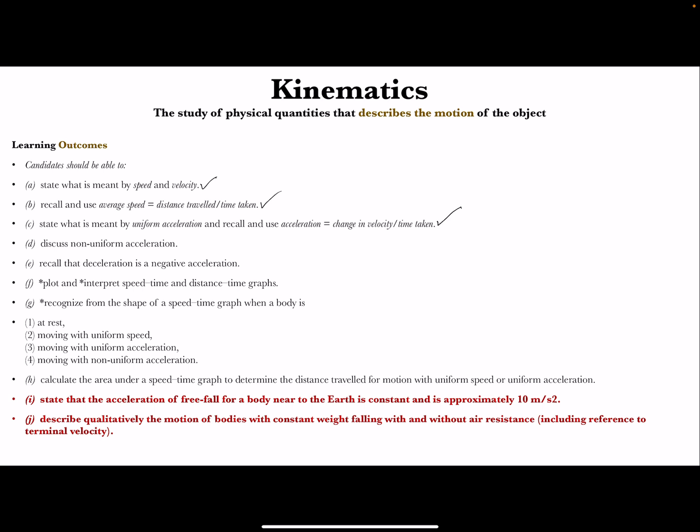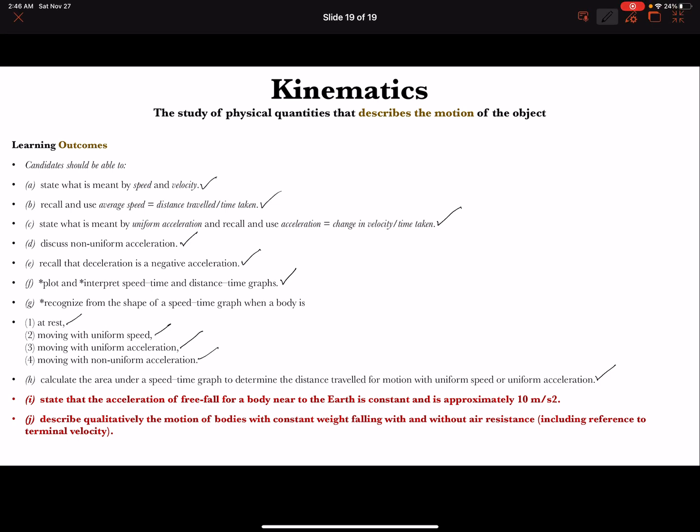Check. What is non-uniform acceleration? Check. Recall that deceleration is a negative acceleration. Check. Plot and interpret speed-time and distance-time graphs. Done. Recognize from the shape of a speed-time graph when the body is at rest, moving at uniform speed, moving with uniform acceleration, and moving with non-uniform acceleration. And calculate the area under a speed-time graph to determine the distance traveled for motion with uniform speed or uniform acceleration. Check.